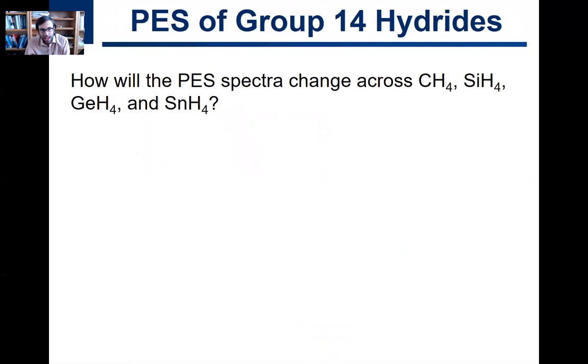So let's look at a periodic series. We love periodic trends, especially as inorganic chemists, because you get to use the whole periodic table. So let's look at methane, silane, germane, and stannane.